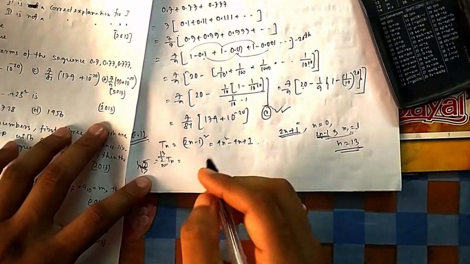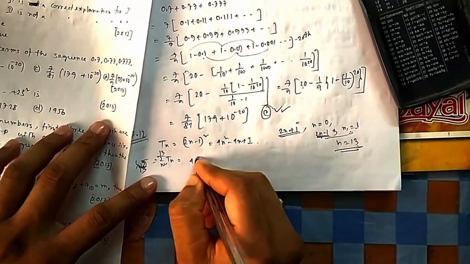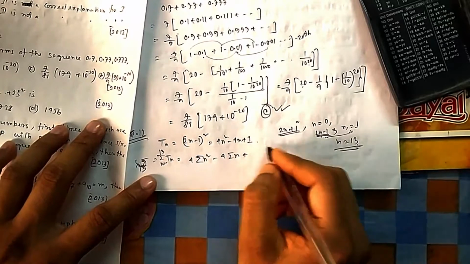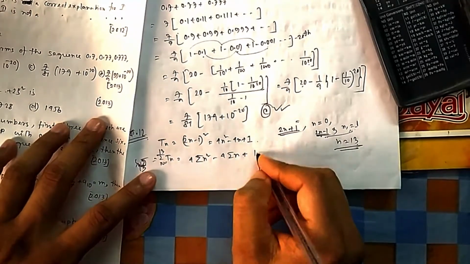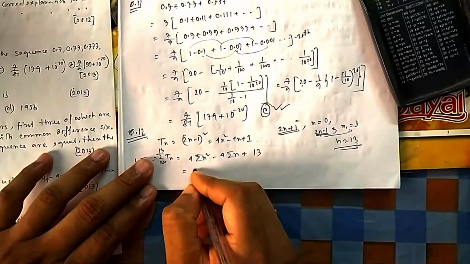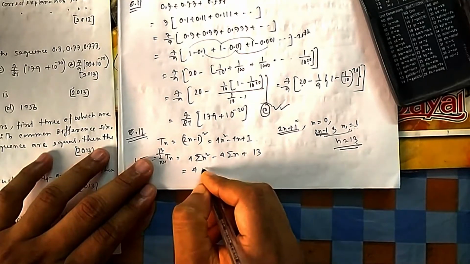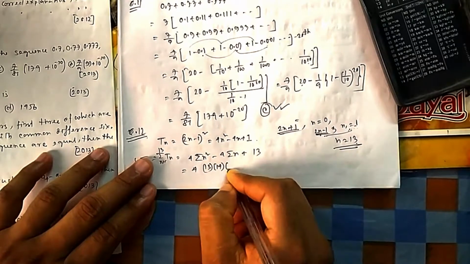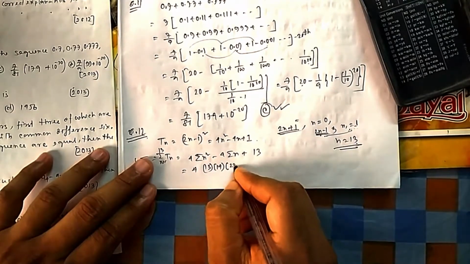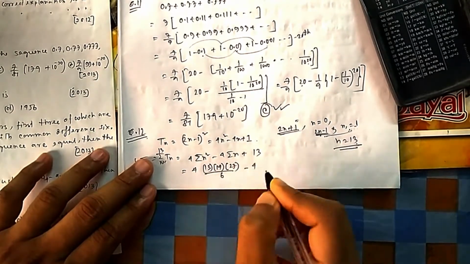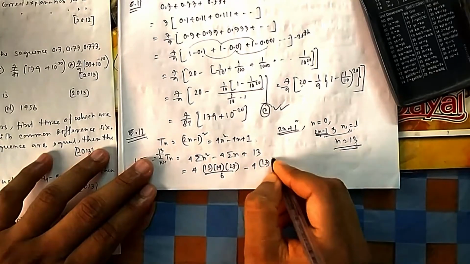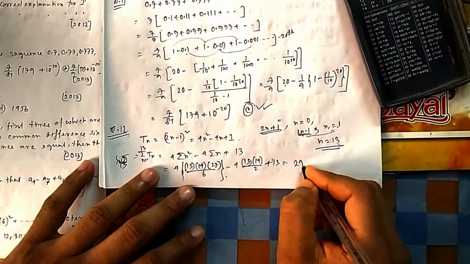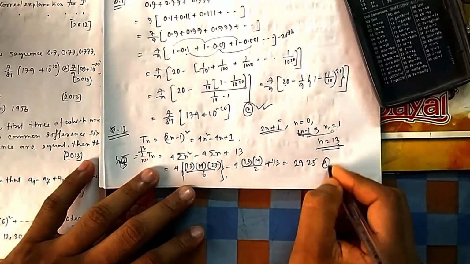So 4 can be taken outside, summation of n square, we have seen this one, and then summation of 1. How many ones are you adding? 13 ones, so it will be 13. You can easily apply: n square is n into n plus 1 into 2n plus 1, so 13 into 14 into 2 into 13 plus 1 divided by 6, minus 4 into 14 by 2 into 13, plus 13. If you do it, you will find your answer is 2925, that is option A.